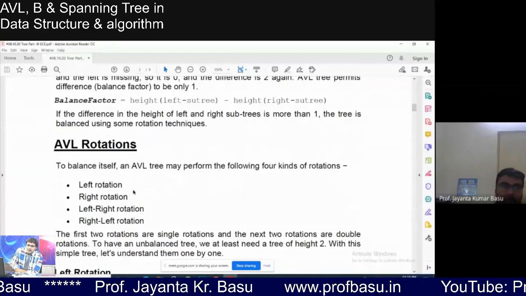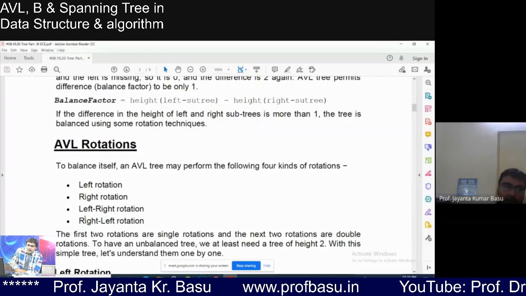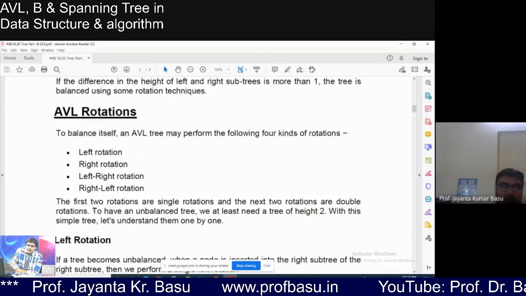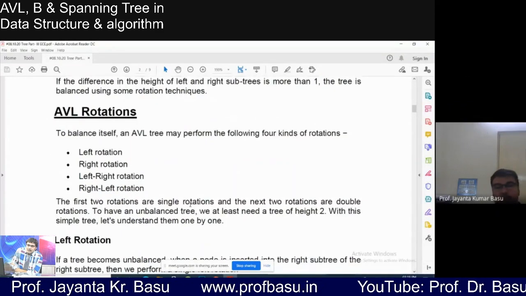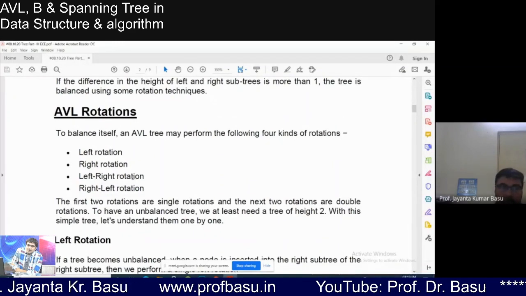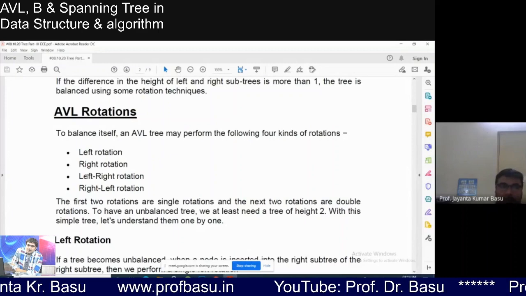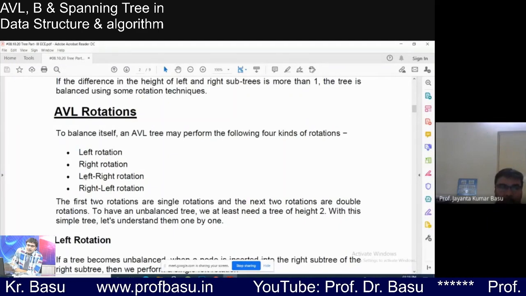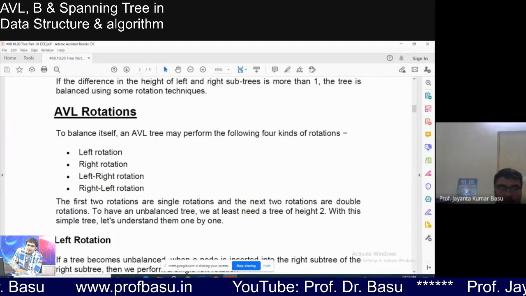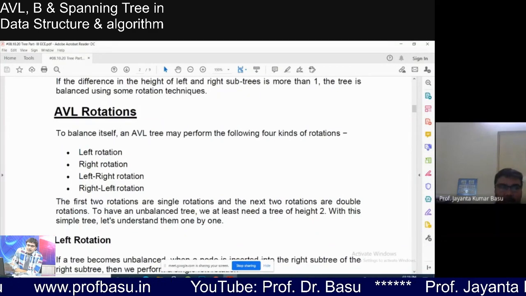Either we will go for the left rotation or right rotation, or left-right rotation or right-left rotation, right? The first 2 rotations are single rotations, left rotation or right rotation. But the third is a combination of 2 rotations: first left rotation, then right rotation. Fourth one, first right rotation, then left rotation.